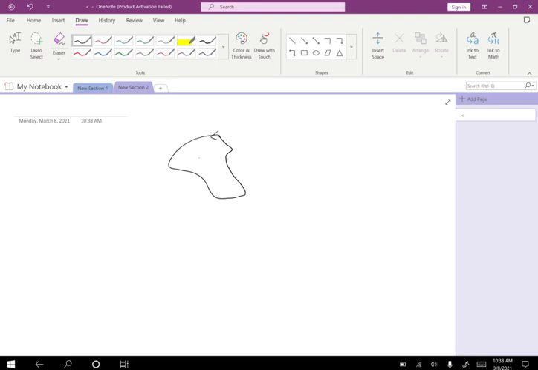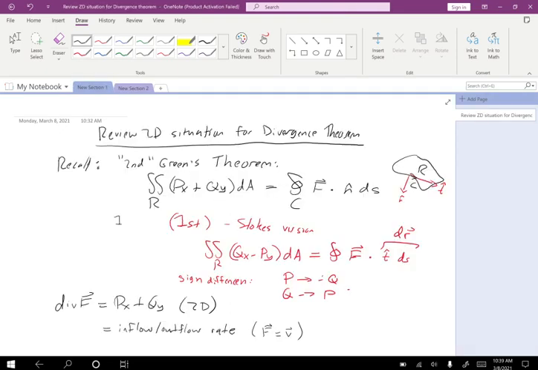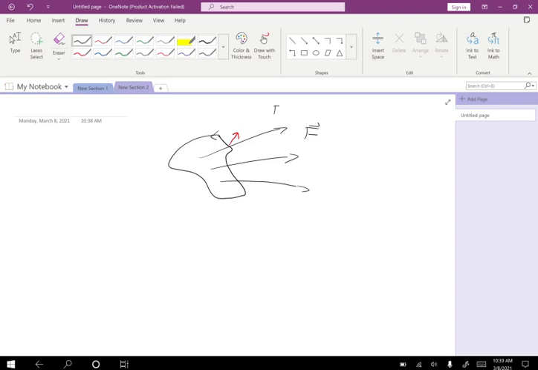If you think about F as kind of a velocity field, and you had this normal vector, then this picture shows that there's actually a large outflow rate, and it corresponds to that dot product being large.